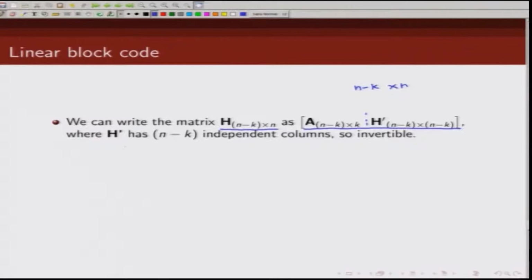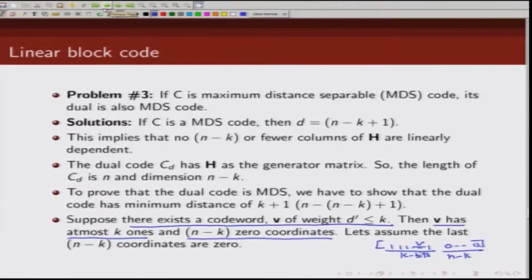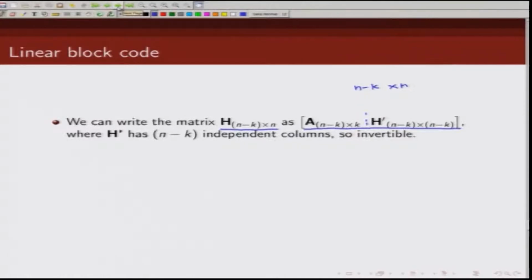Now, what was the rank of this matrix H? Remember, because the minimum distance of the code was n minus k plus 1, no n minus k or fewer columns of H were linearly dependent. So, the row rank was n minus k, so the column rank is also n minus k. What does it mean?